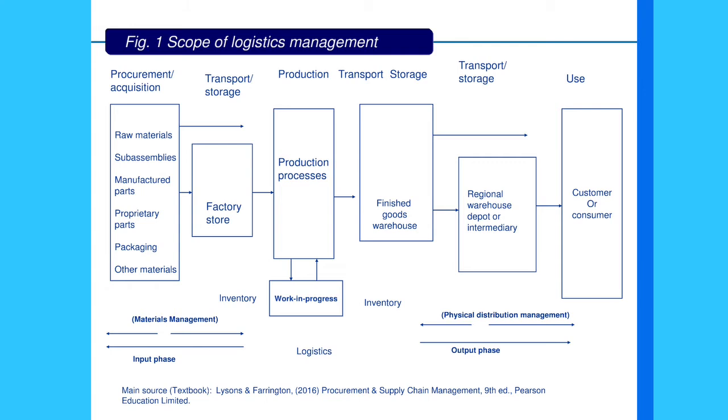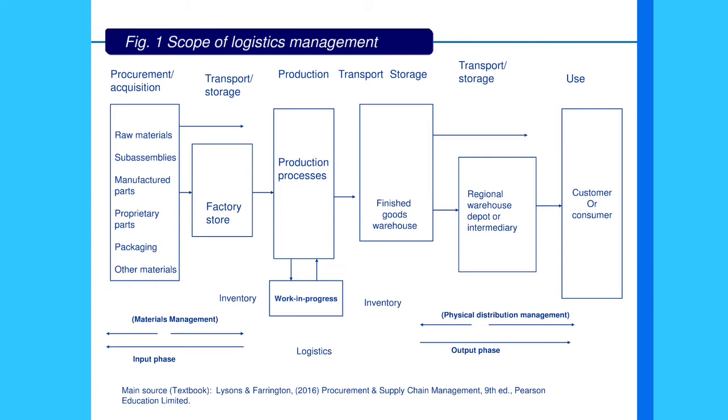After that, the transport and storage block helps in regional movement of the things, like supplying from the factory warehouse to a regional warehouse or depot, then to further intermediaries, and then finally sending those things to customers or consumers, that means for use. So this is the entire scope of logistics management. And if you look at the bottom, you will see that for material management, the scope starts from procurement up to production mainly, and then up to finished goods.